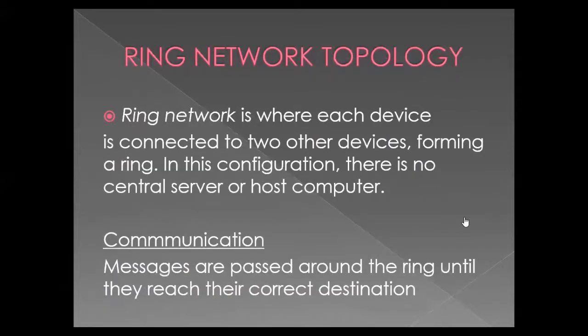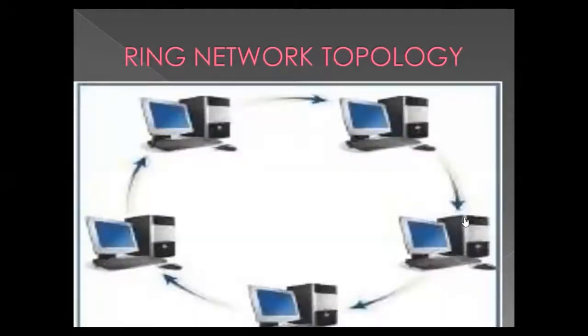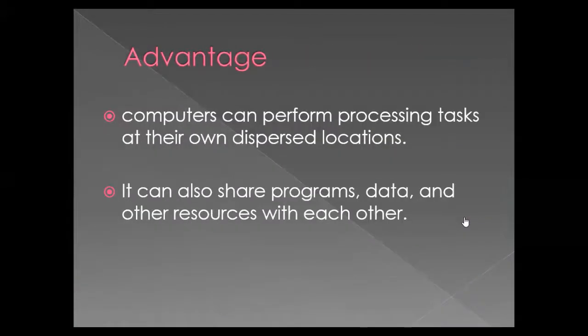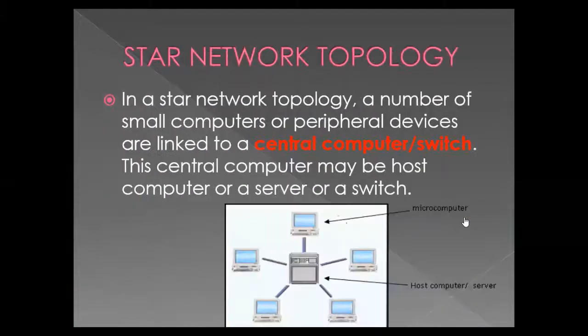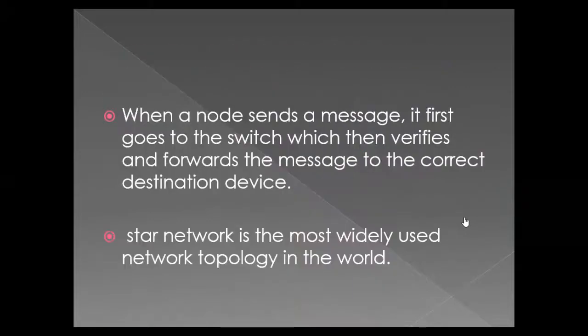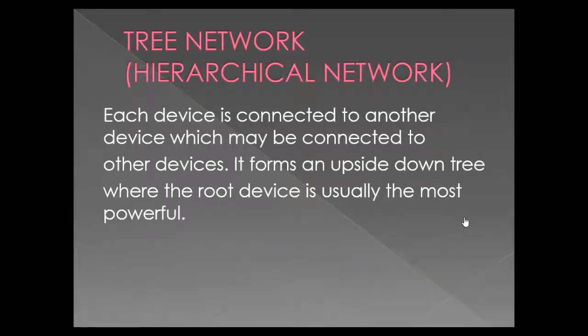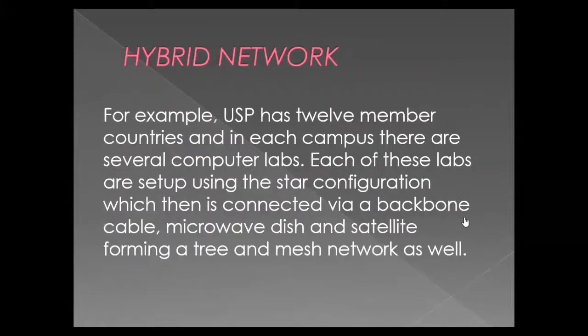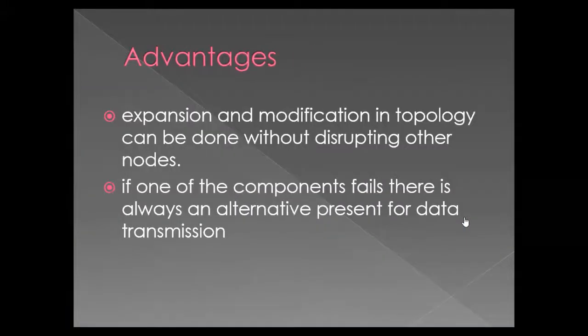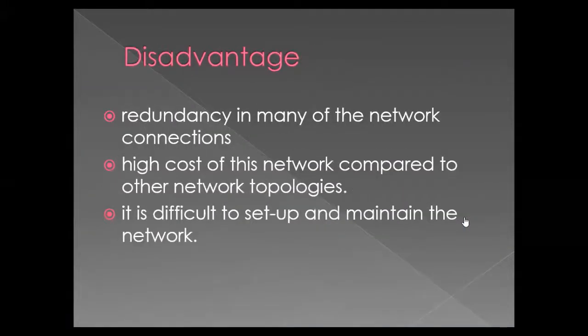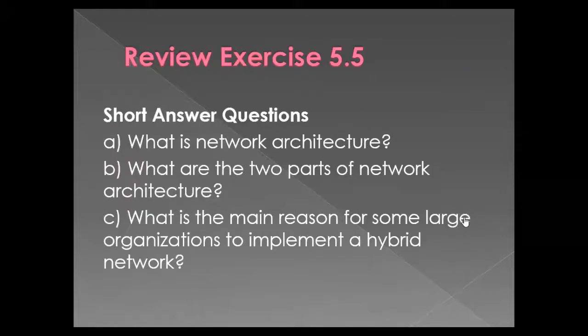Then ring network, we have looked at the setup, how information is passed, the diagram, and then the advantage and disadvantage. Also the star network, similar for tree network, hybrid network, and mesh network. We have looked at the features, the advantage, and the disadvantage.